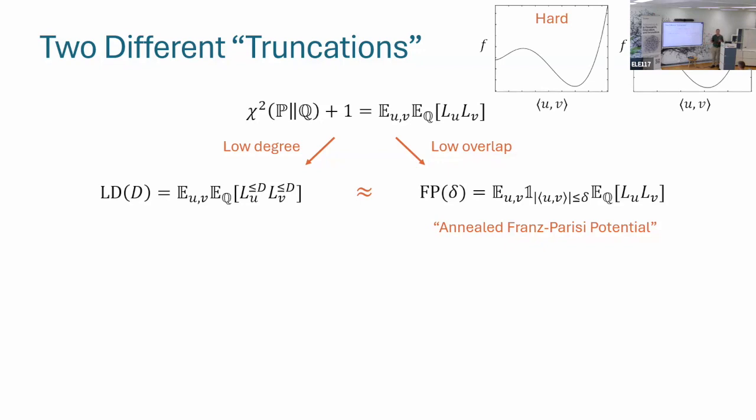And I want to vaguely try to convince you that this has some relation to these kinds of free energy diagrams that you might have seen if you're familiar with AMP or these types of things. So if you ever worked with AMP, maybe you've seen a picture like this, where on the x-axis we're plotting some kind of overlap between these two replicas. And maybe think of one of them as representing the true planted signal, and the other as representing the algorithm's possible solution.